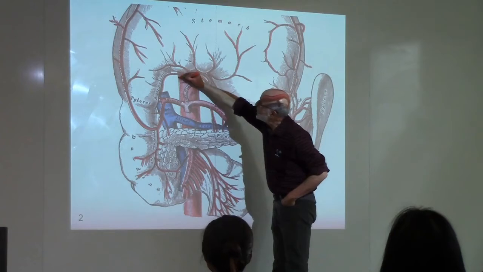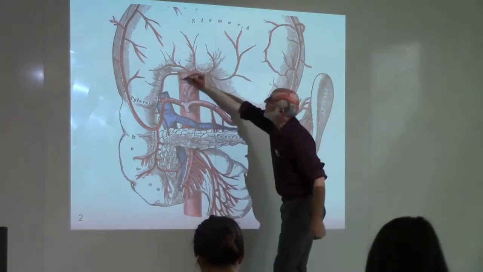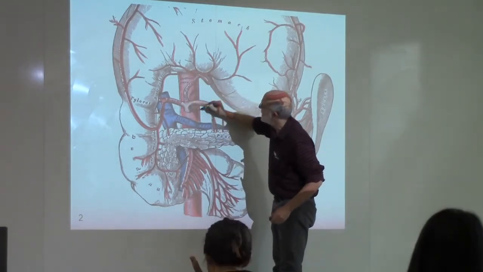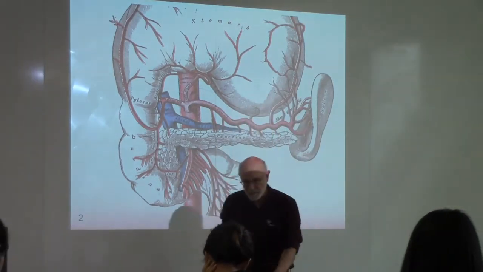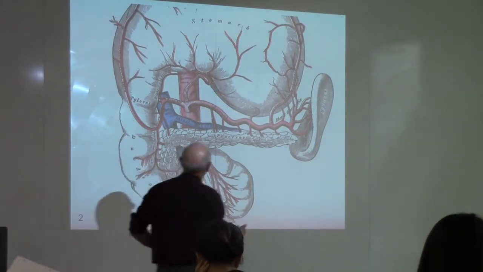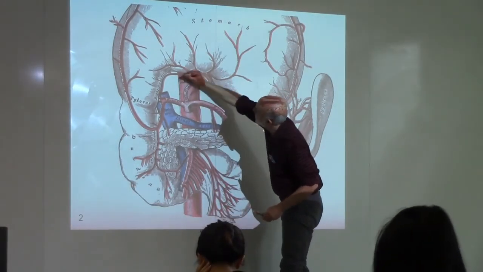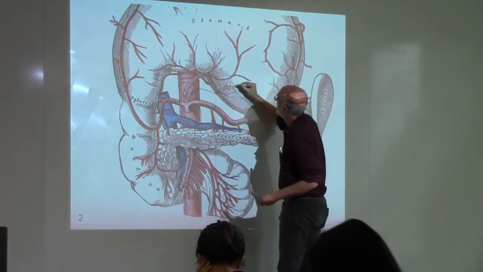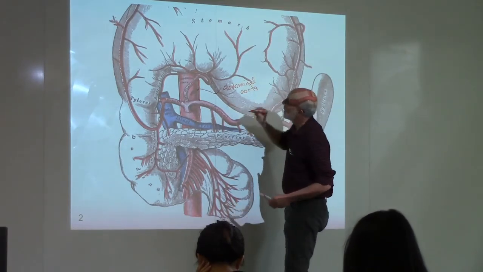What is this tube? That's the abdominal aorta. Okay?